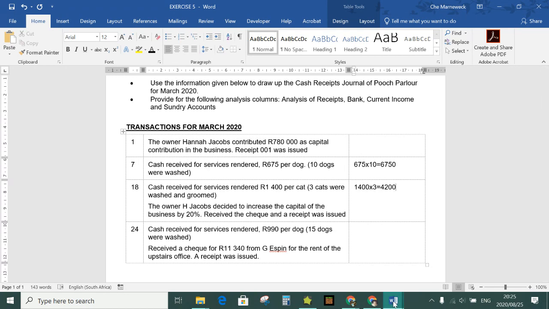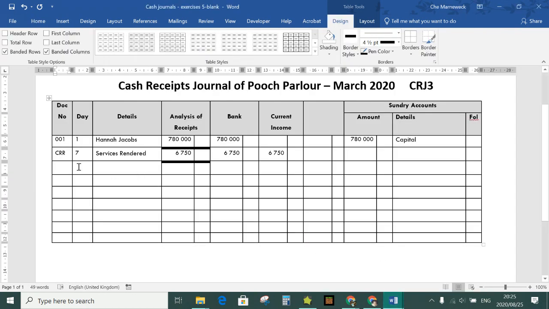Day 18, we're providing a service. So cash register roll, day 18, services rendered, it was 4,200 Rand.